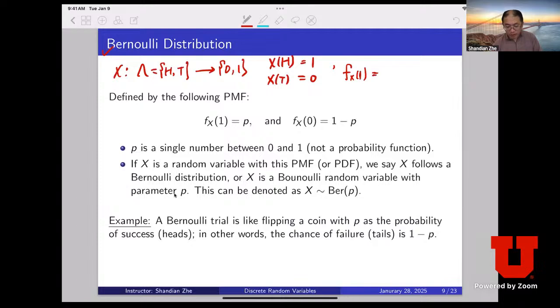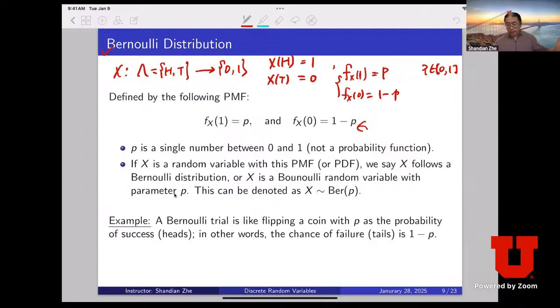So the probability mass function at 1 is p. The probability mass function at 0 is 1 minus p. And here p is just a number between 0 and 1. Right? So it's actually written here.